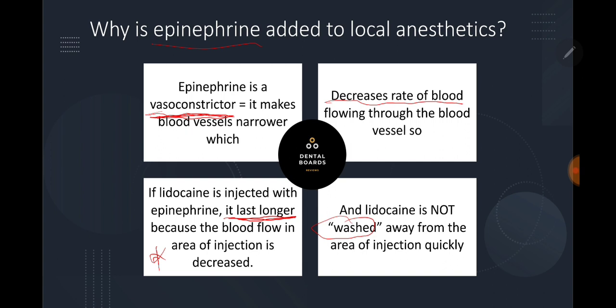If you add epinephrine, it's going to last longer. It's going to give you more than 60 minutes, and most of the time, it lasts for 3 to 4 hours. So you want to add that to the local anesthetic, because it washes away slowly. And the amount of epinephrine, we're going to see how you calculate it, is very minimal compared to endogenous production when somebody is stressed.